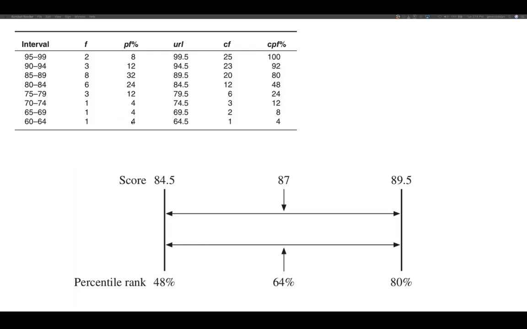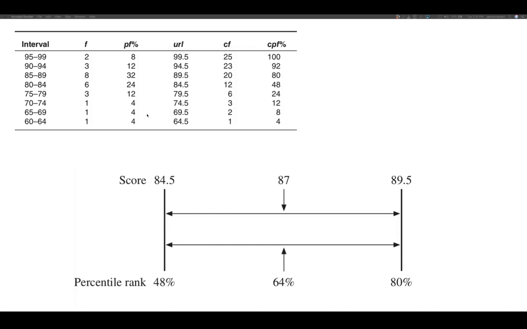So let's base our example on the previous table that we utilized. Let's go into the class interval of 85 to 89, for which you could also see that there is a frequency of 8.